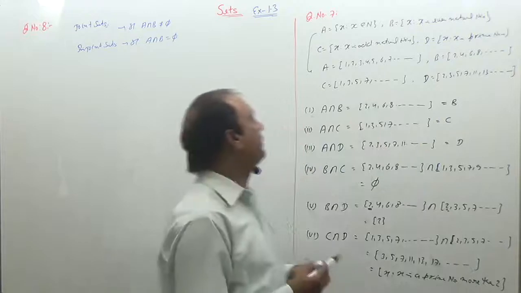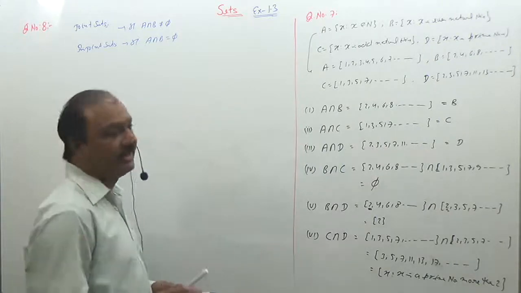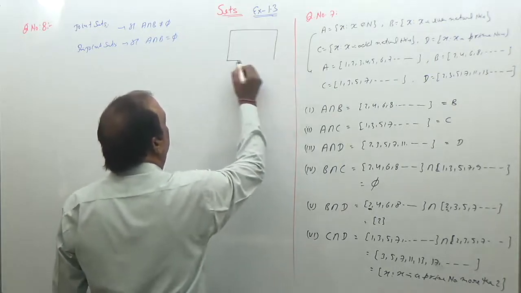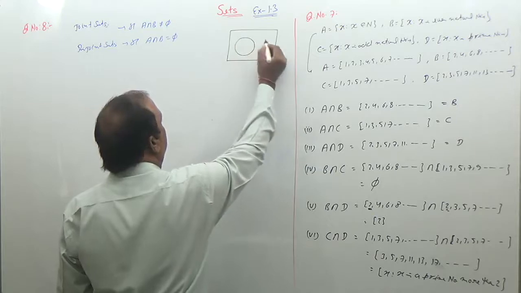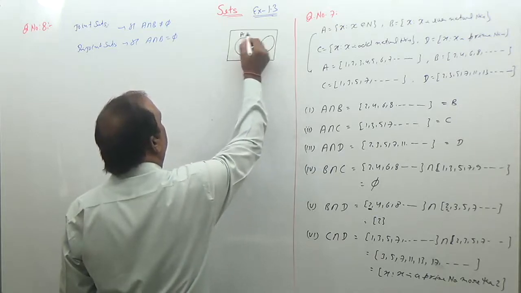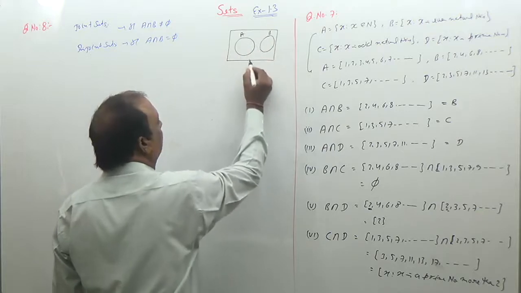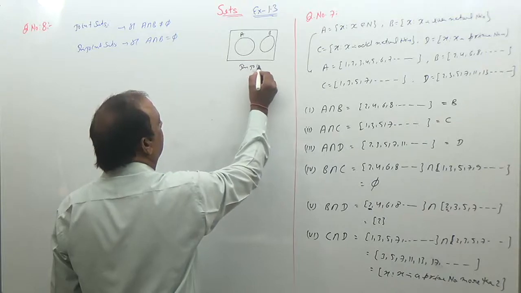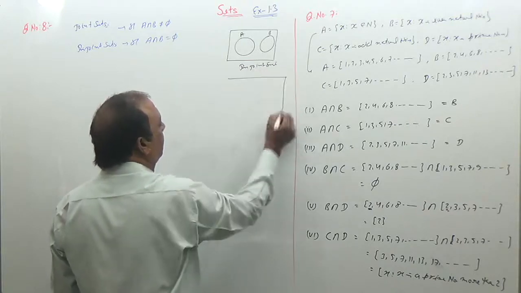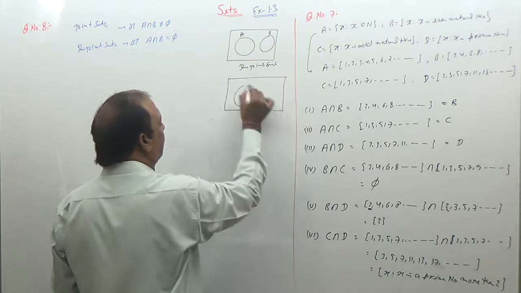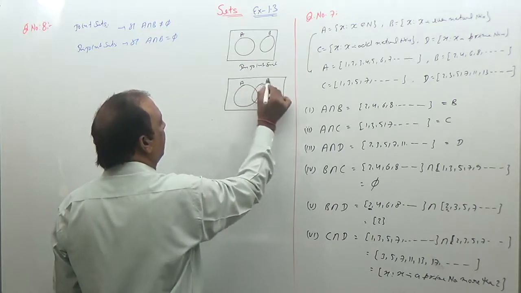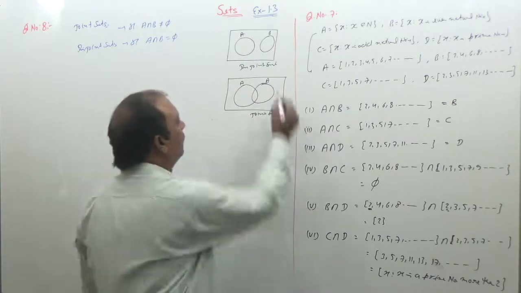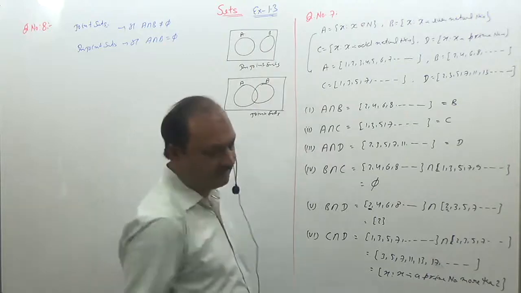Or if two sets contain one or two or three elements as common elements, these are called joint sets. In a Venn diagram, we can represent two sets A and B separately, so these two sets are called disjoint sets. But if the Venn diagram of sets A and B overlaps, these are called joint sets.